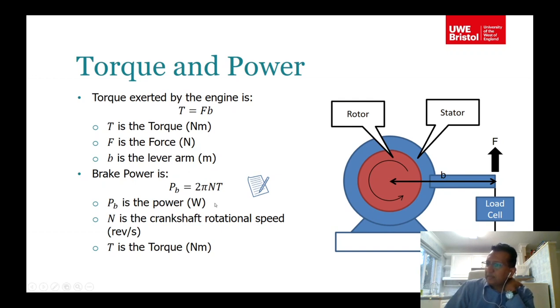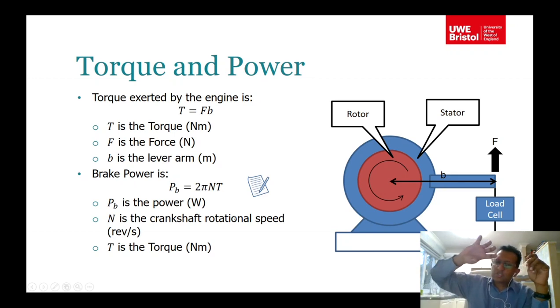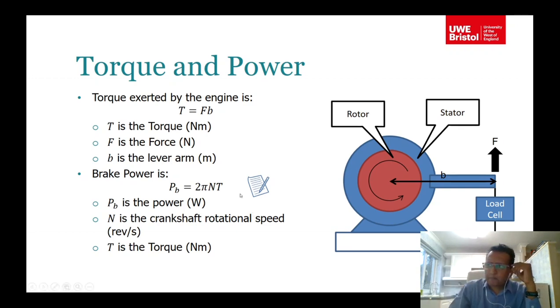N here is the crankshaft rotational speed, and T is the torque. 2 pi is there because in one revolution it rotates 2 pi.